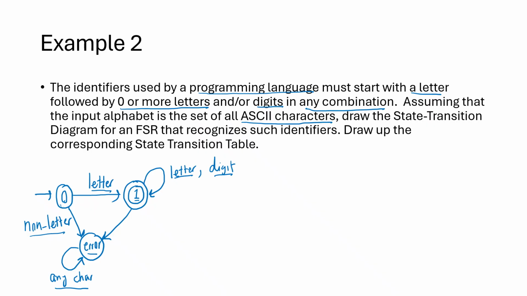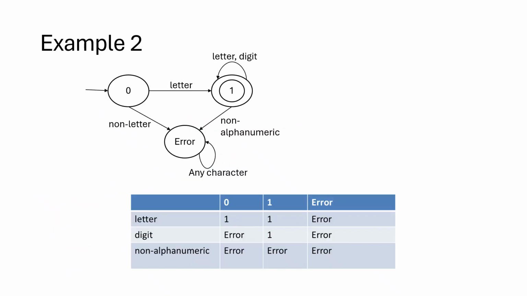So anything except a digit or a letter takes you from state number 1 to the error state. So let's say non-alphanumeric. And that's it. That's the finite state machine that accepts exactly the identifiers that are explained in the question.